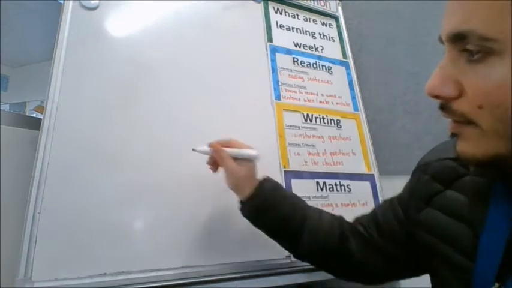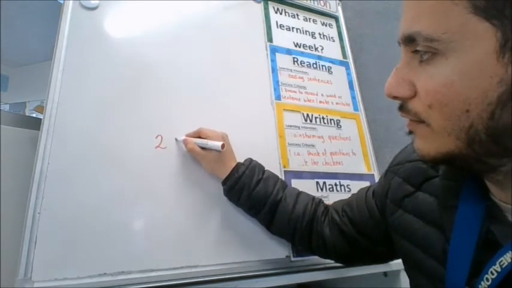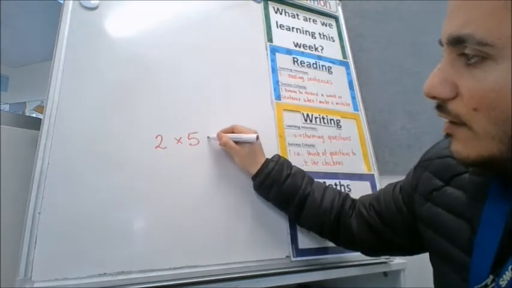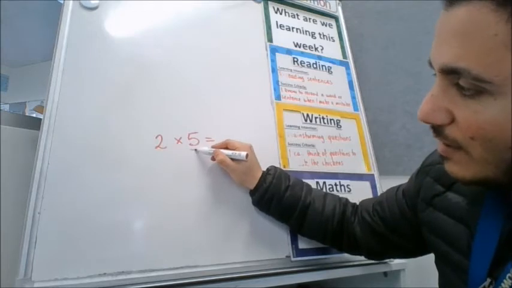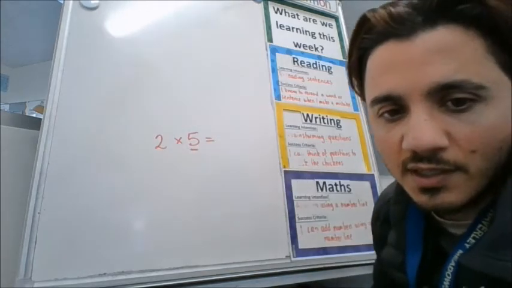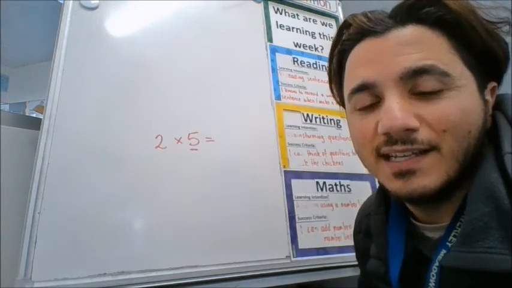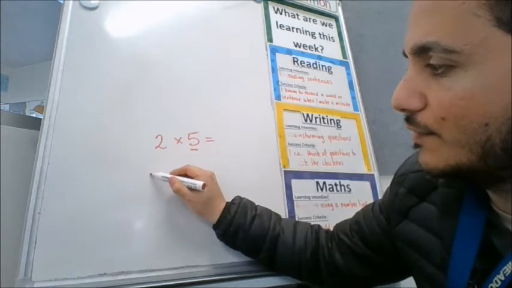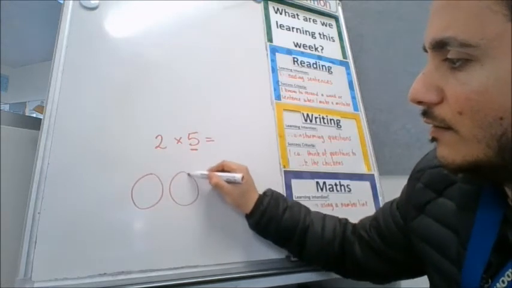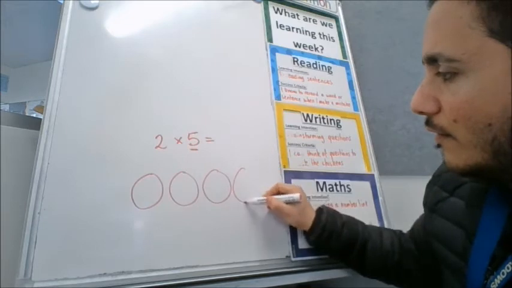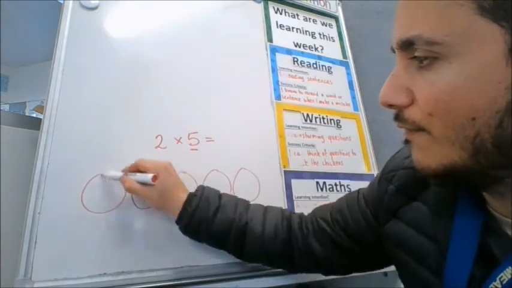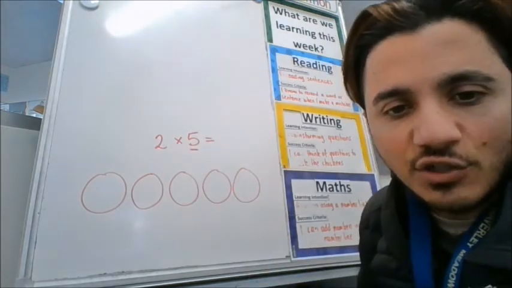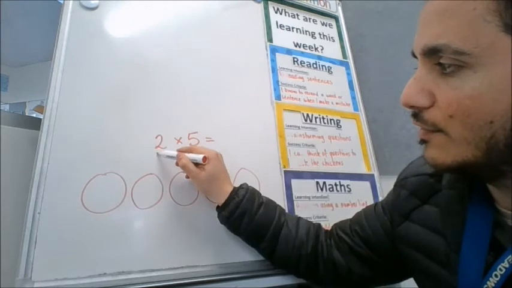How about 2 times 5? Looking at the second number tells me how many groups. If I can remember that, it'll get easier and easier every time I do multiplication. The second number is how many groups, so I need 5 groups: 1, 2, 3, 4, 5. There's 5 groups. How many do I need in each group? It's the first number.